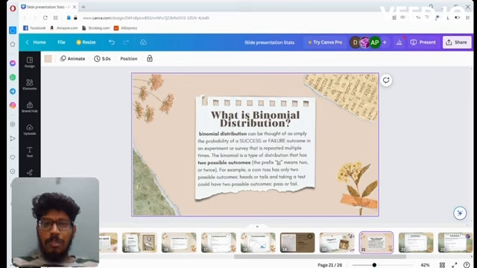The binomial is a type of distribution that has two possible outcomes. The prefix "bi" means two or twice. For example, a coin toss has only two possible outcomes, heads or tails, and taking a test would have two possible outcomes, pass or fail.